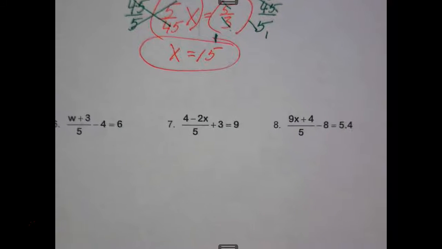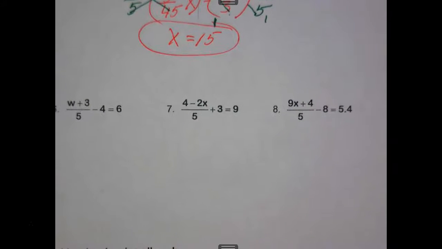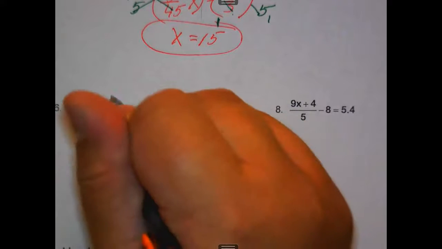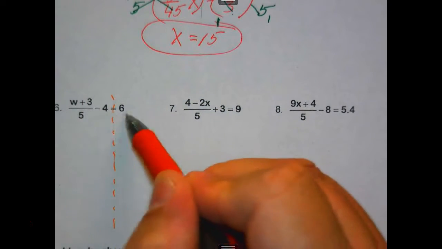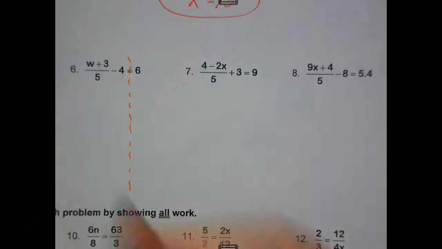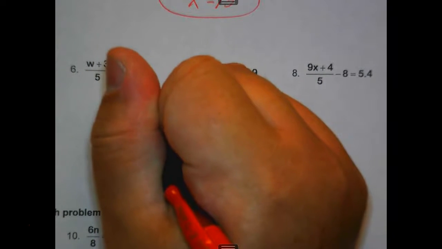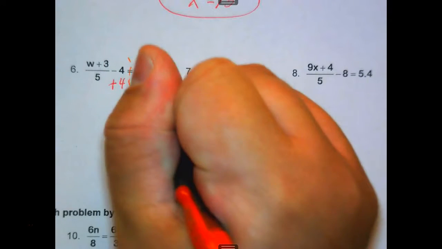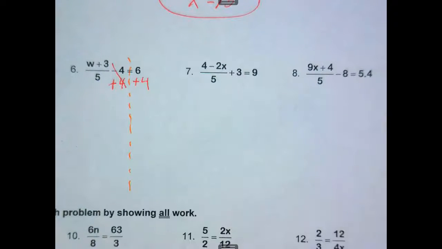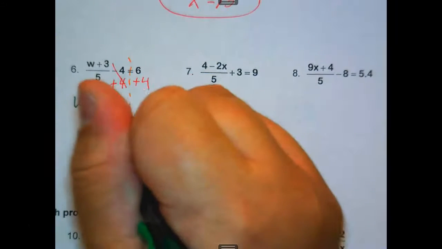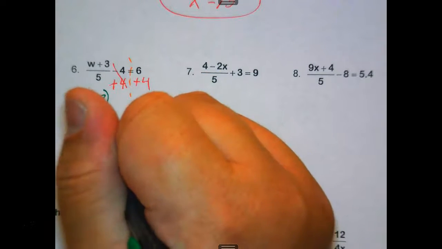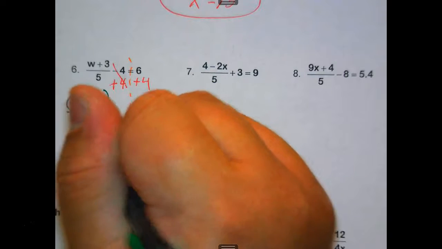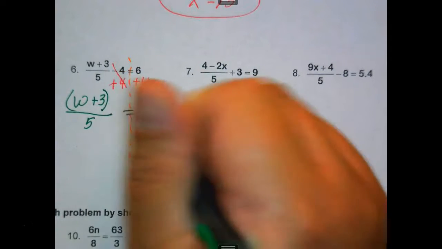Let's do number 7, just make sure you understand. I'm going to add 4 to both sides because I like using cross multiplication, which means I have to have a fraction equal a fraction. I get w plus 3, and I'm going to put parentheses around this so I don't screw up the distributive, equals 6 plus 4 is 10.